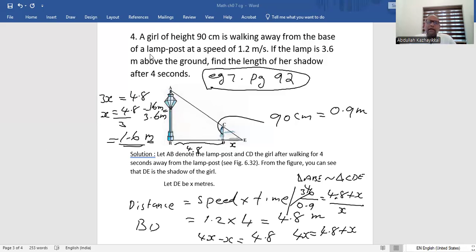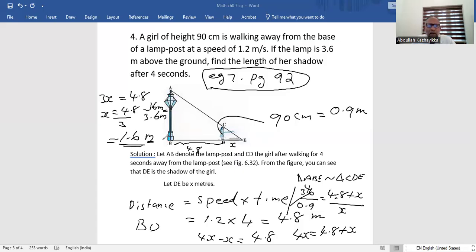A girl of height 90 centimeter. We made 90 into 0.9 meter because 90 by 100, everything we are changing to meter. Then speed is given, the time is given, so distance is equal to speed into time, which is 4.8. After that, exactly the same: similarity.